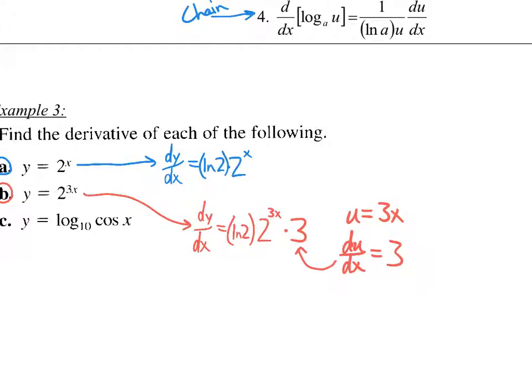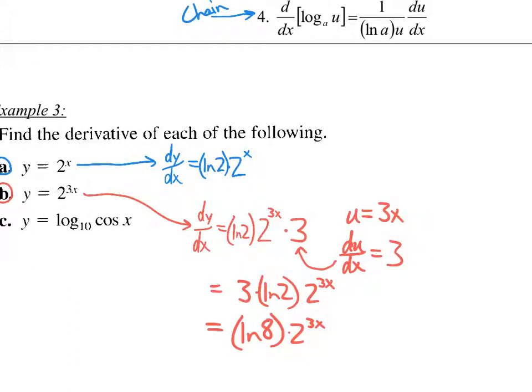Be careful simplifying. This one, there's really not much to simplify. You could do 3 times ln of 2 times 2 to the 3x. If you really want to, you could bring that 3 on the inside as an exponent and make it ln of 2 cubed, or 8, times 2 to the 3x.